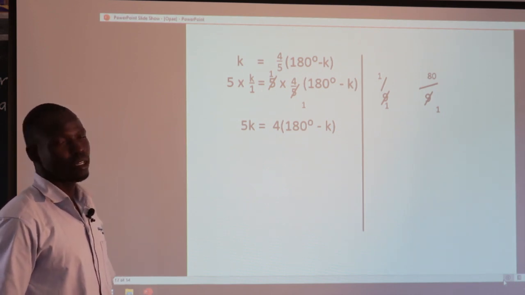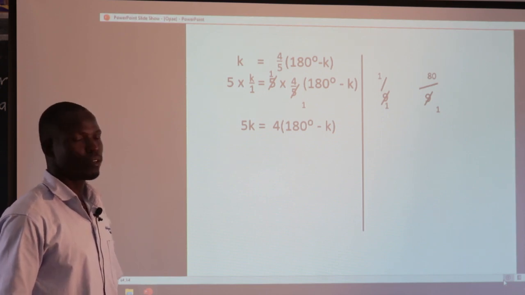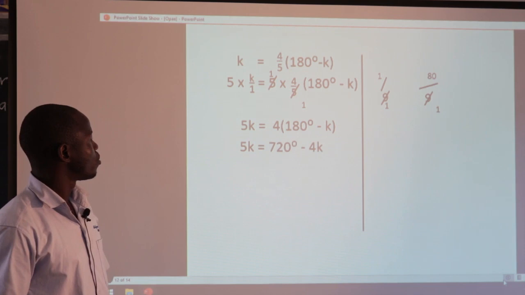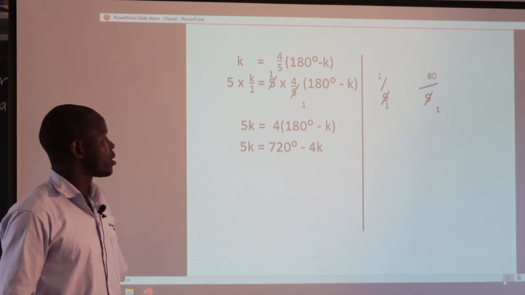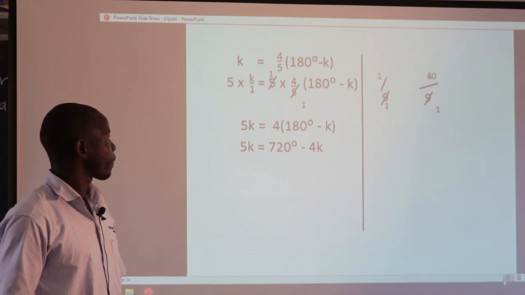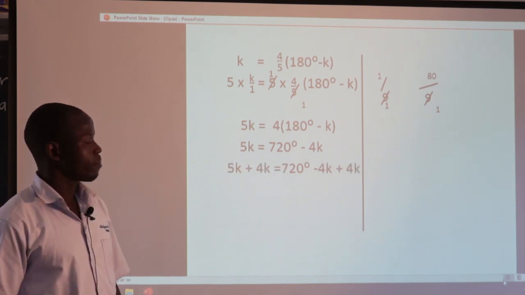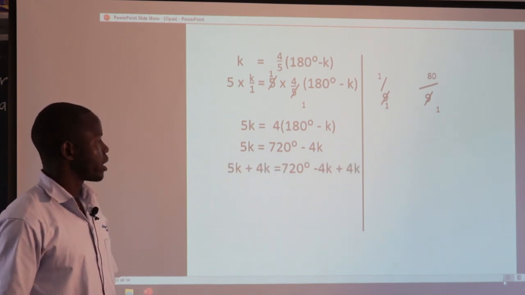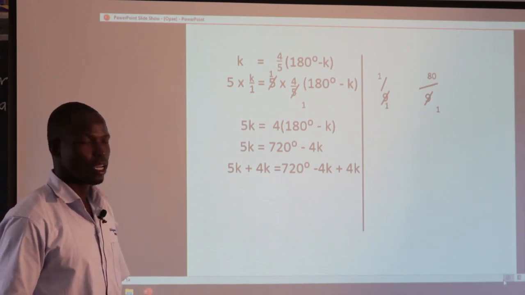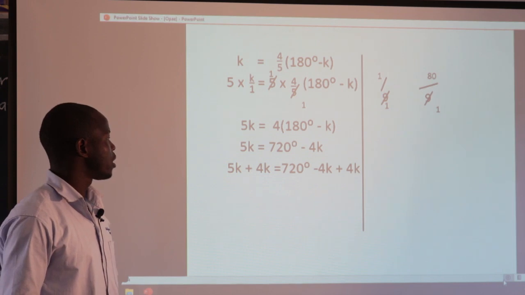Then we open the brackets by multiplying 180 degrees with 4, and then K with 4 also, which leads you to 5K is equal to 720 degrees minus 4K. Next step, collecting like terms, using the additive inverse of negative 4K, which is positive 4K on both sides.